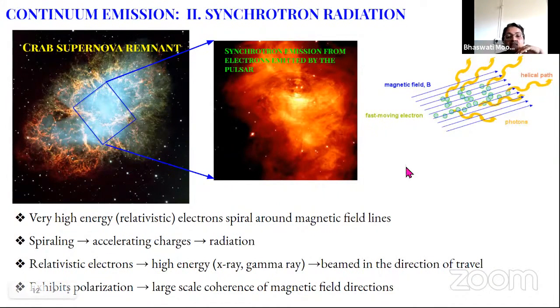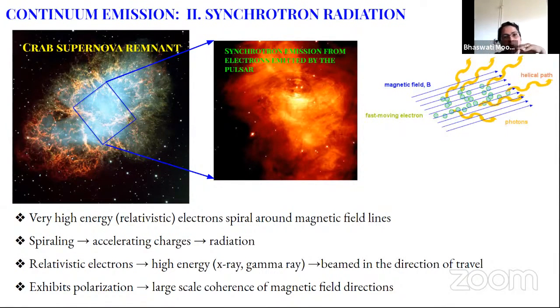The other property which is also seen is that this radiation exhibits polarization. Polarization is something we often associate with some orientation. If the magnetic field lines are parallel, so there is a large scale coherence of the magnetic field directions, then all the electrons will essentially be spiraling in the same direction, because they are all spiraling around the magnetic field lines.